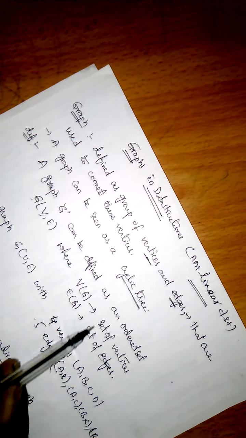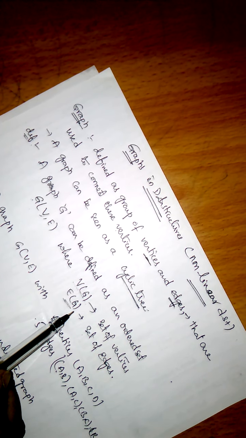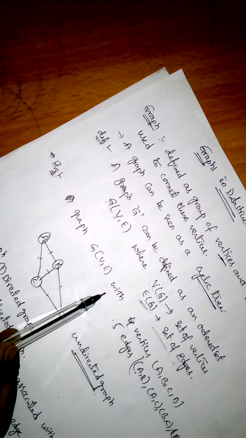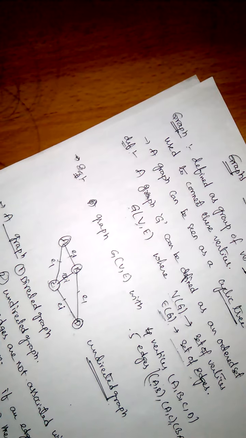How do we represent the set of vertices? V of G means the set of vertices, and E of G means the set of edges of graph G. For example, this graph G contains 4 vertices A, B, C, D and the edges A to B, B to C, B to D, A to C, and C to D. So these are the edges.